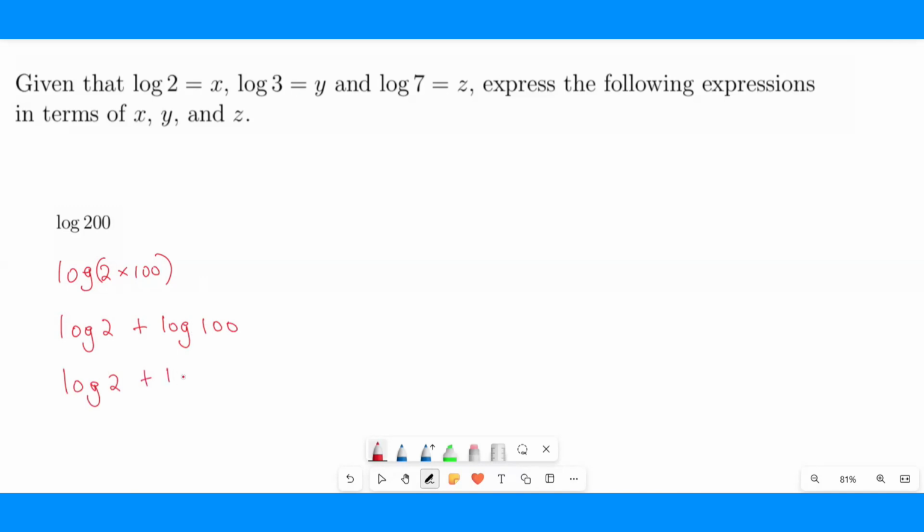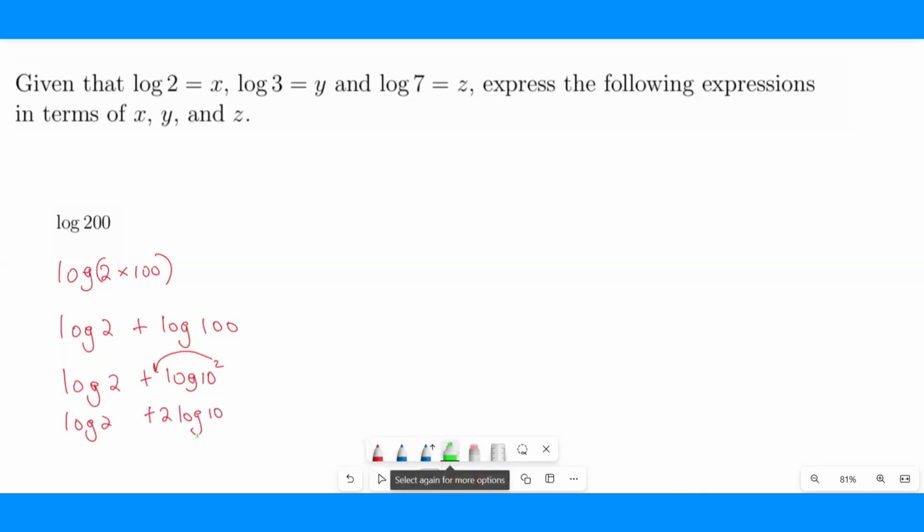So what we're going to do is work on this. Log of 100 can be represented as log of 10 squared. Now, with this said, we could continue because this is the log of 2 plus, applying that exponent as a coefficient, 2 log 10.